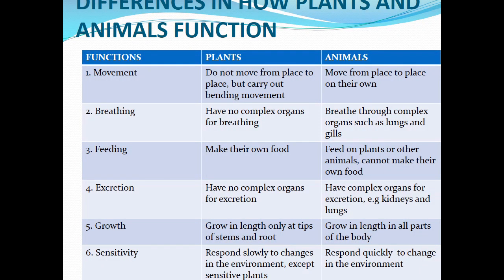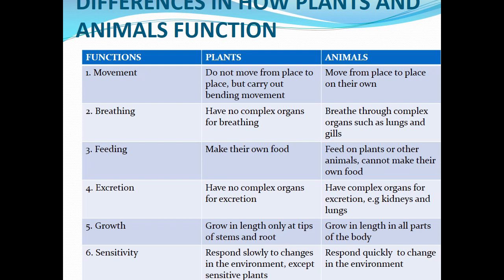Differences in how plants and animals function. Despite the fact that we said that both plants and animals are classified as living things, in the functions of their characteristics, there are differences. The first function there is movement. Plants do not move from one place to another, but carry out bending movement.